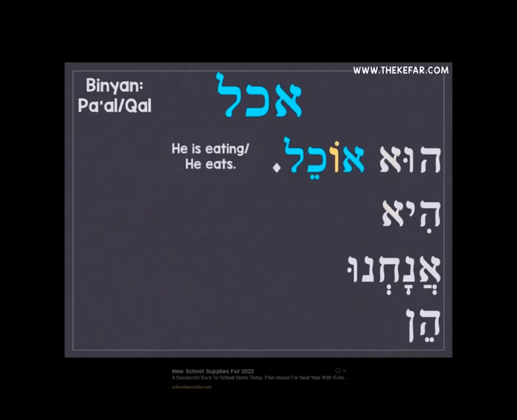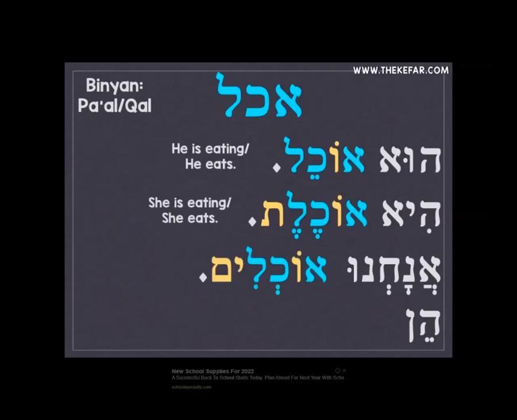Okay, so this is the masculine singular. Now the feminine singular, she is eating or she eats. Hi ochelet. Okay, hu ochel, hi ochelet. He is eating versus she is eating. Masculine singular versus feminine singular. And then we have masculine plural. We are eating. Anachnu ochlim.